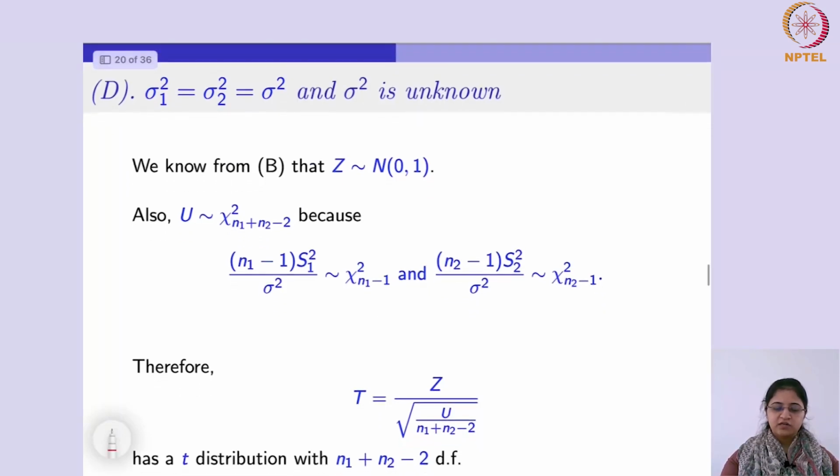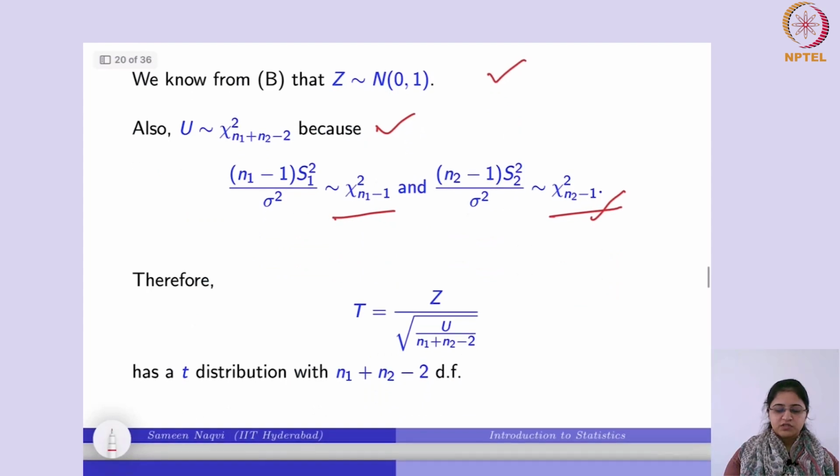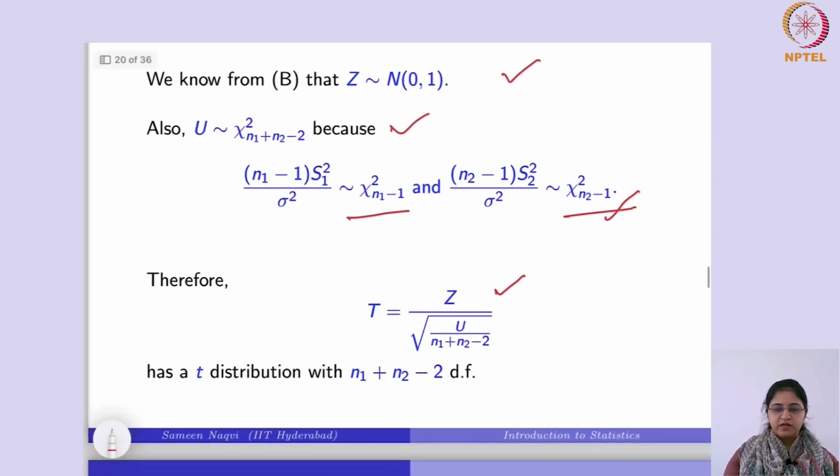We know that Z is this, and U will follow this distribution because these two are independent, one is chi-square n1 minus 1 and the other is chi-square n2 minus 1. So now you have Z in the numerator, and in the denominator you have U divided by the corresponding degrees of freedom. So it will follow the t distribution with n1 plus n2 minus 2 degrees of freedom.